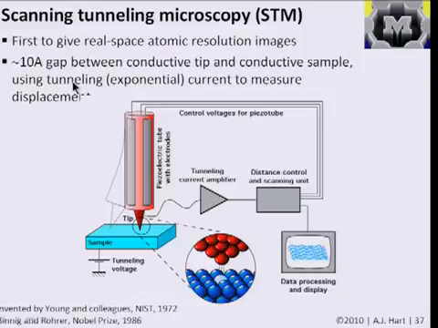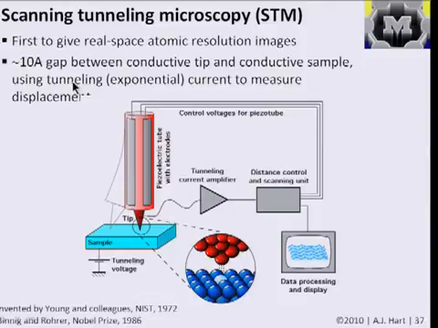If you have a very sharp tip above your substrate by a very small gap, then you can use a behavior known as electron tunneling to measure the distance between the tip and the substrate. In fact, at these small distances, say 10 to 100 nanometers, there's a well-known exponential relationship between the tunneling current, or the number of electrons that jump across at a fixed voltage, and the distance.